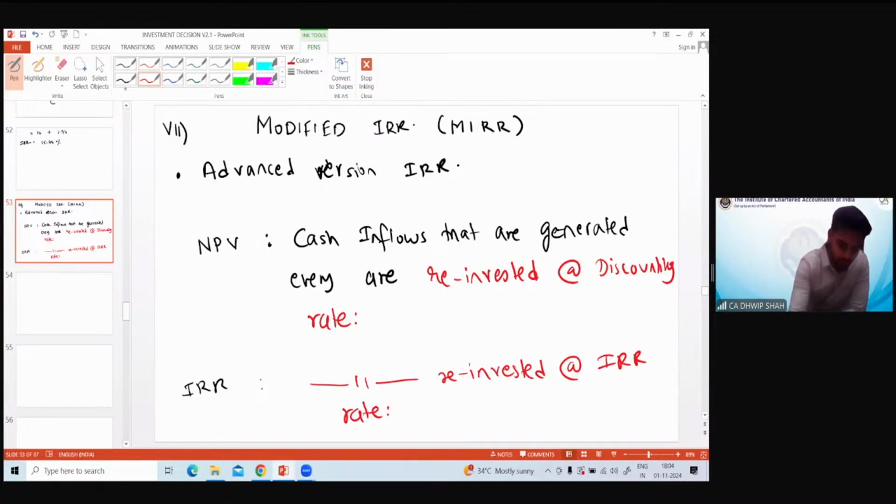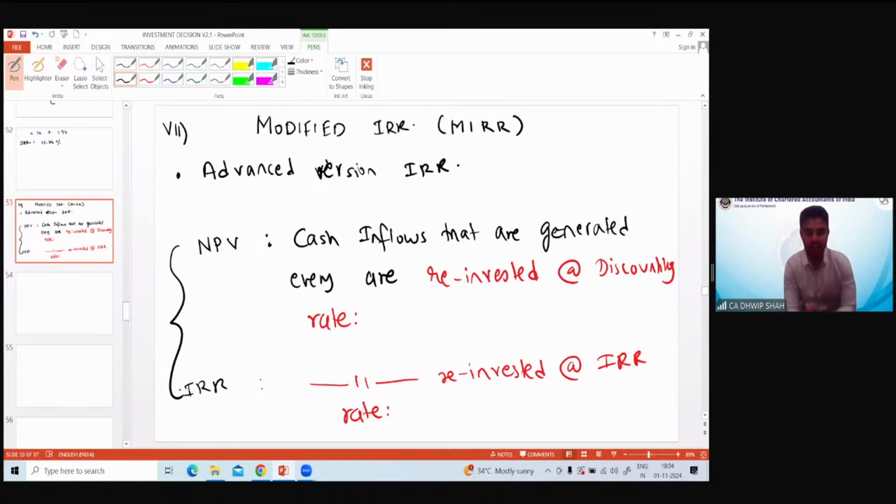So my question to you, which of these assumptions is more logical? Is NPV's assumption more logical or IRR's assumption more logical? My question to you all, which reinvestment assumption is more logical and practical?